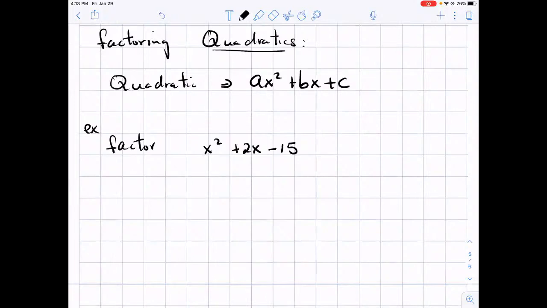Now, in quadratics, the reason I'm showing you factor by grouping is because this will help you later on for more complicated polynomials where the a coefficient here is not 1. If you notice, a is 1.